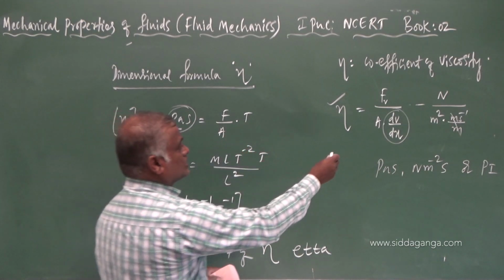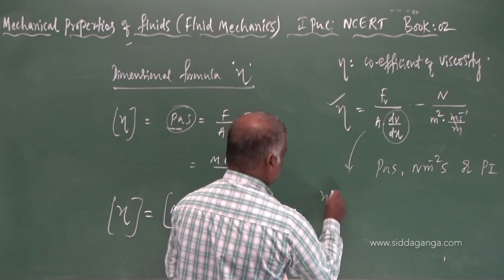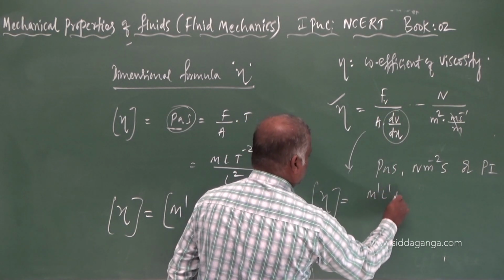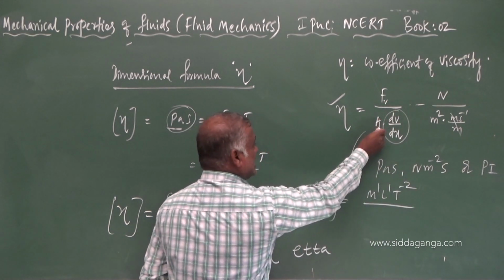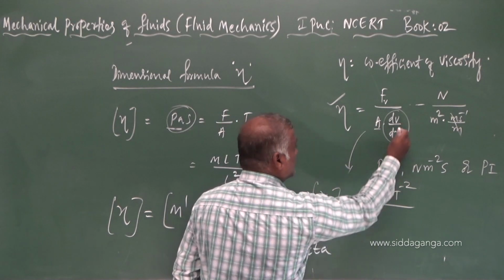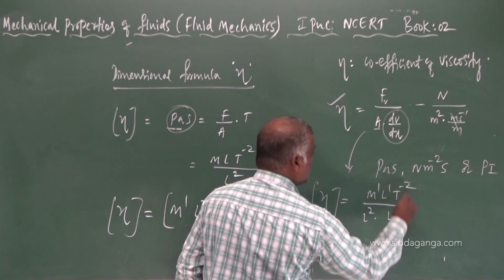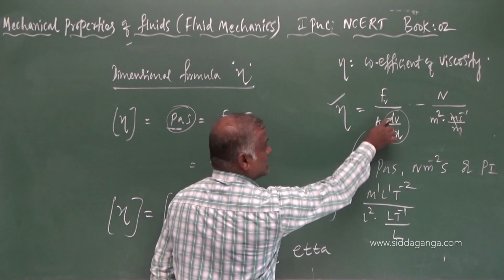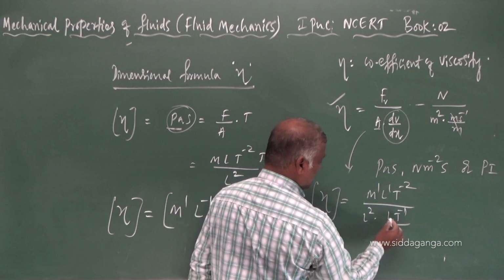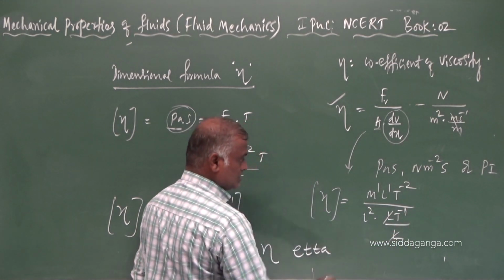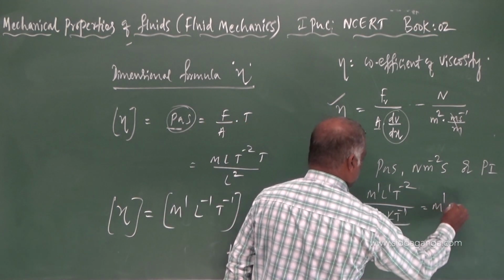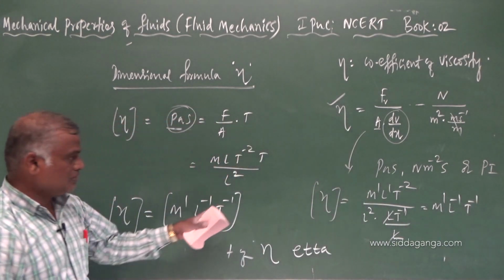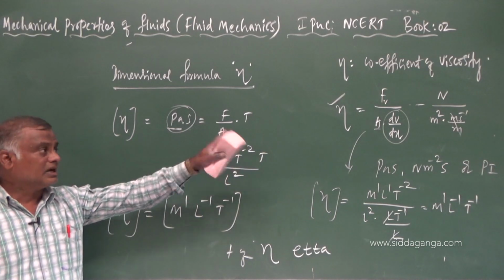You can use this also to write the dimensional formula. Force M1 L1 T minus 2, area is L square, velocity L into T minus 1 divided by distance. This is velocity gradient. L cancels, simplify, M1 L minus 1 T minus 1. The same you will get by using that formula also.